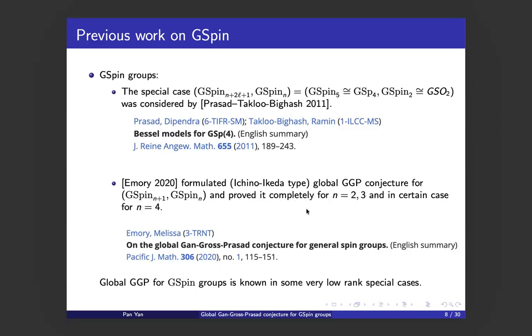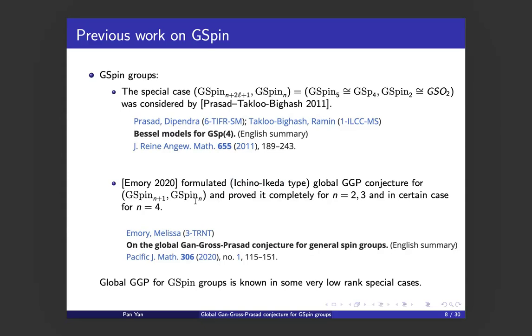In general, it is expected there is also such a formula, similar to the special orthogonal group case. In the special orthogonal group case, there is a conjecture, an Ichino-Ikeda type conjecture, that works for arbitrary Bessel models, and there has been some progress on it.